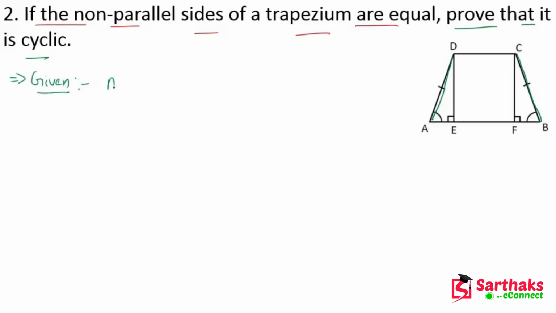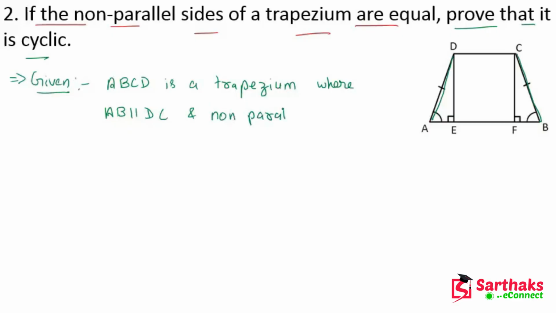So now we have ABCD, which is a trapezium, where AB is parallel to DC. We know that in a trapezium one pair of opposite sides is parallel, and one pair of opposite sides is non-parallel. And you can write non-parallel sides are equal.